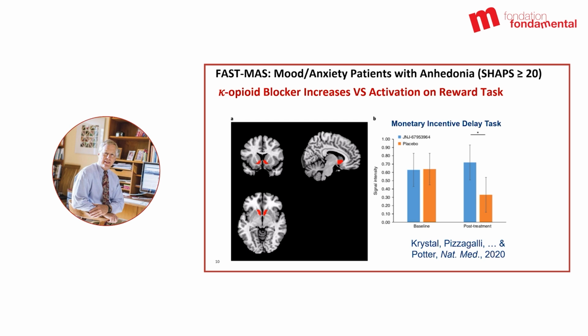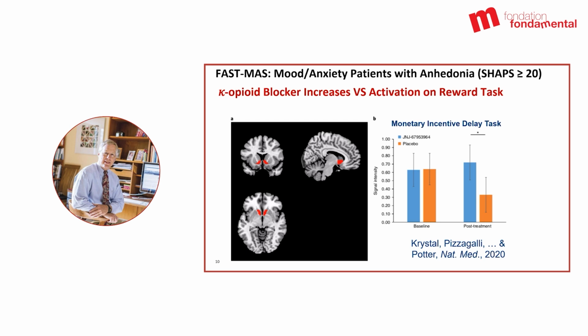And in the event, it turns out, for whatever reasons, that most patients with anxiety either didn't want to participate or weren't worried enough about anhedonia, so that it became mostly mood patients, although not 100%. And so, as you heard from Wayne yesterday, this was the idea that a kappa opioid blocker actually increases the ventral striatum activation on a reward task, the monetary incentive task. I don't think that Wayne actually showed the bar graph on the right, but it showed that at the baseline, both the J&J compound and placebo had exactly the same fMRI intensity.